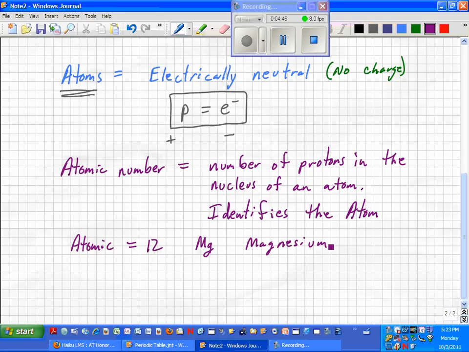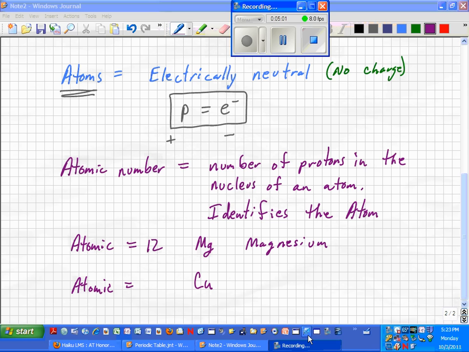That's the only possibility out there. Converse is that if I have the symbol copper, then I automatically know that its atomic number is going to be equal to, well, I would look it up on the periodic table.